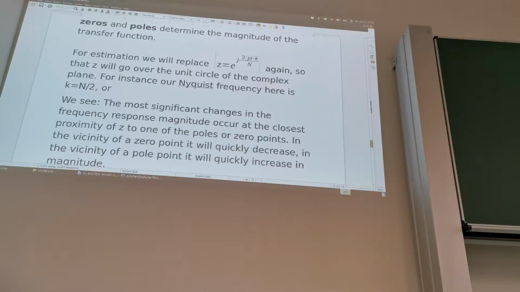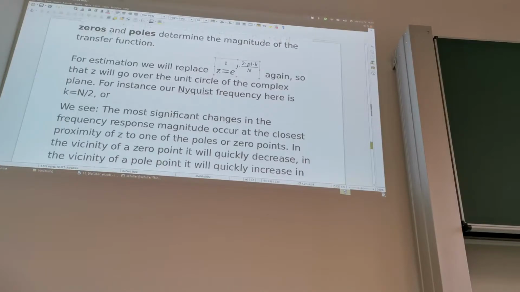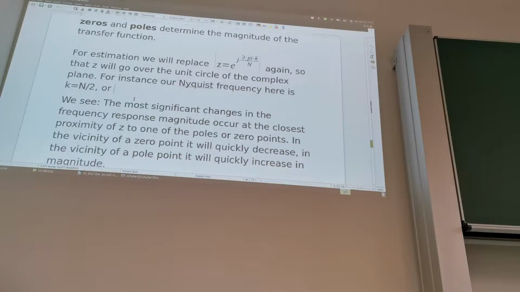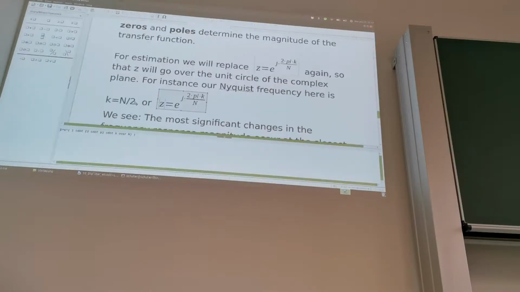So k goes up to the sampling, so k equals N over 2 is Nyquist, and then this would be z equals... So if k equals N over 2, what is this then? It's just pi, right? So k is N over 2, that means we have 2 down here, the 2 cancels, and all that's left is the pi.